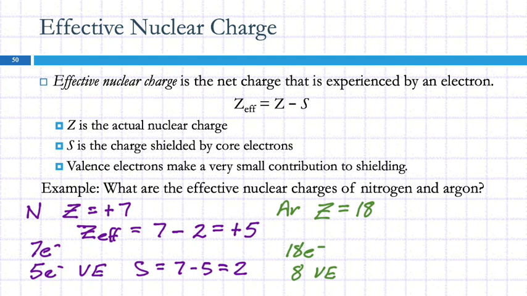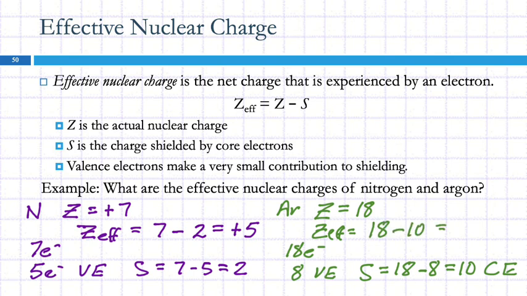So total of 18 electrons, 8 of them are valence electrons, the rest of them are core electrons. So the number of core electrons will be the total number minus 8, so 10 core electrons. So the effective nuclear charge here is going to be 18 minus 10, which equals +8.